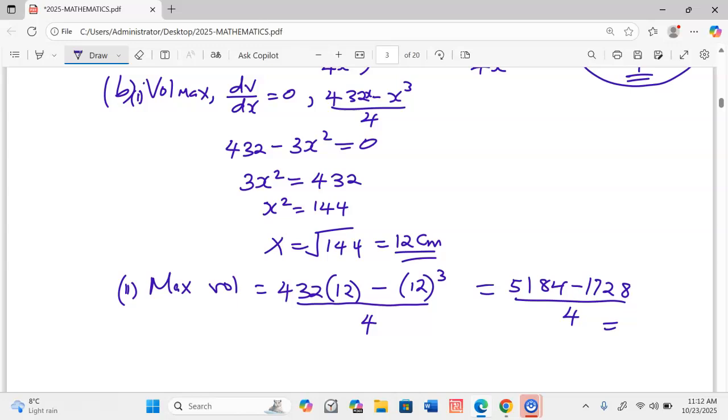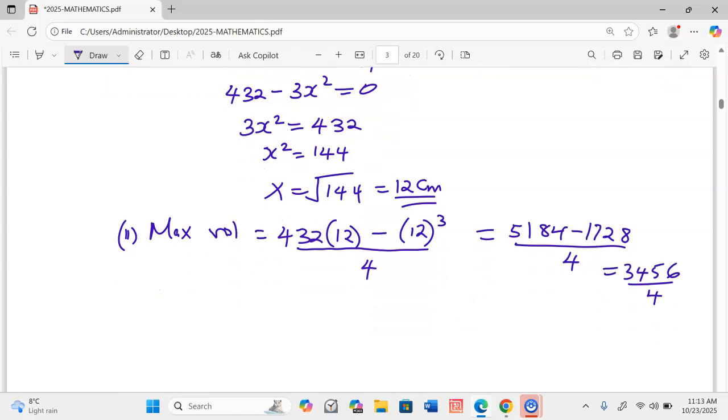And if you take 5184 minus the answer, we are going to get 3456 divided by 4. If you divide this by 4, we are going to get an answer equivalent to 864 centimeter cubic as the answer to this particular question.